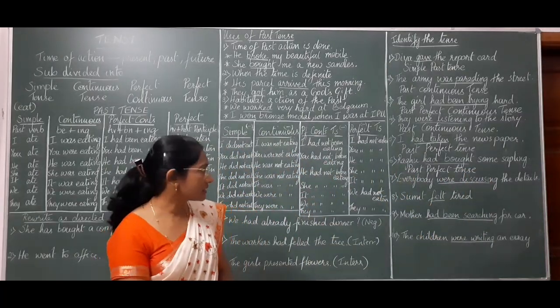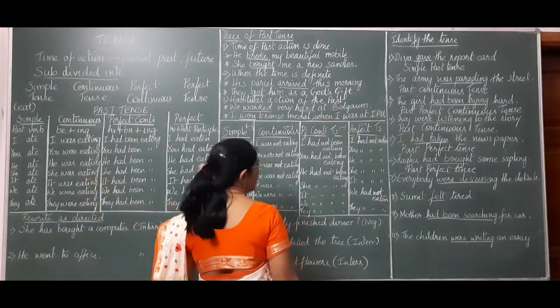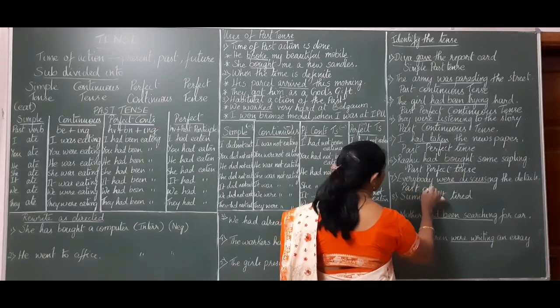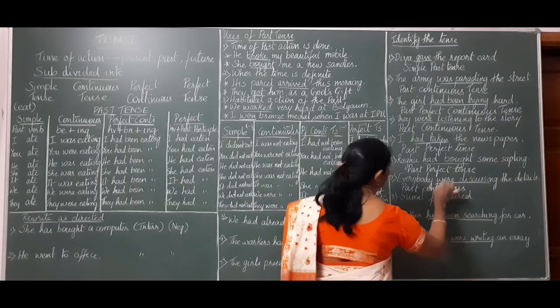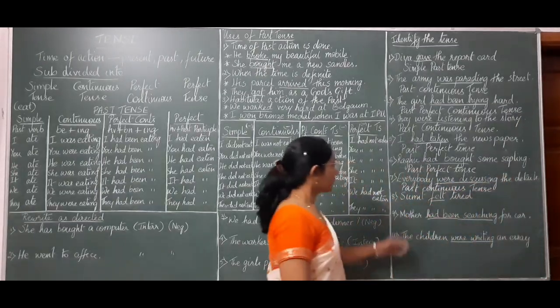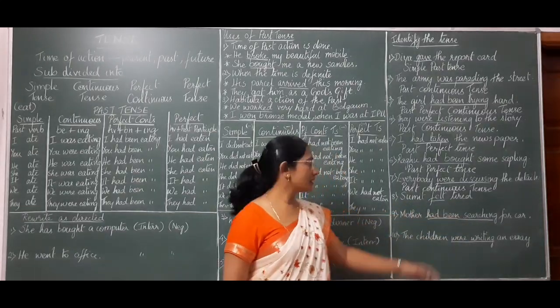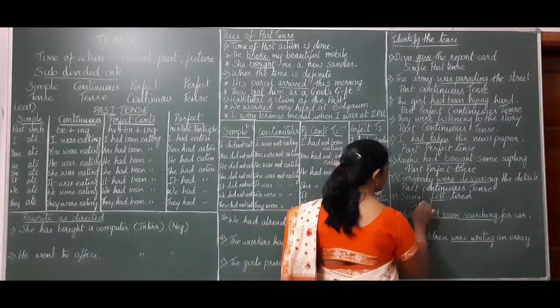Everybody were discussing the details. Were discussing tells about the past continuous tense. Sumit felt tired. There is only a simple past tense, so it is simple past tense.